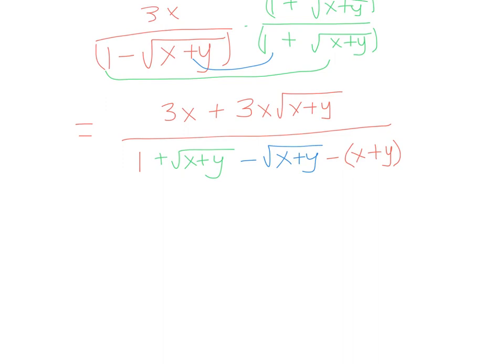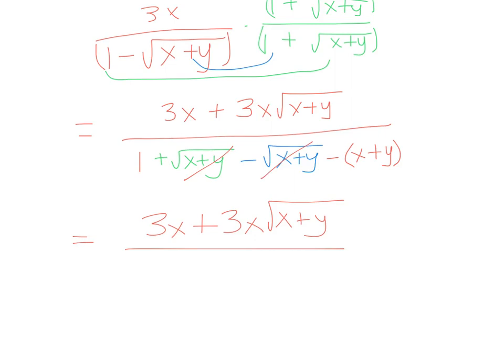Okay, so simplifying, numerator stays the same, 3x plus 3x square root x plus y. In the denominator, the plus square root x plus y cancels with a minus square root x plus y, and we've got a 1, and then distributing that negative, we have a minus x minus y.